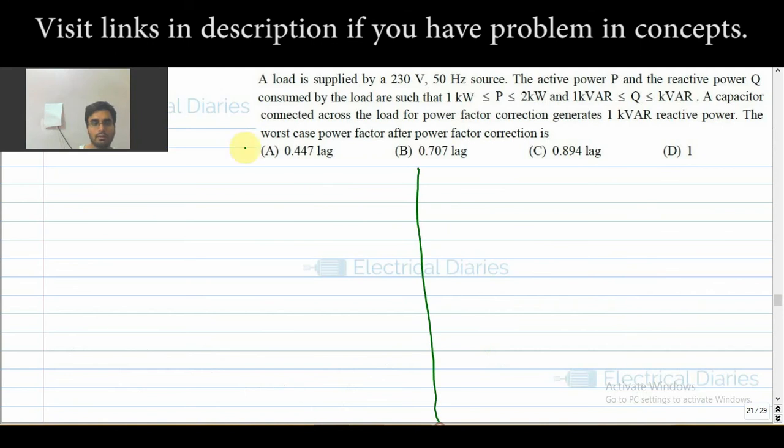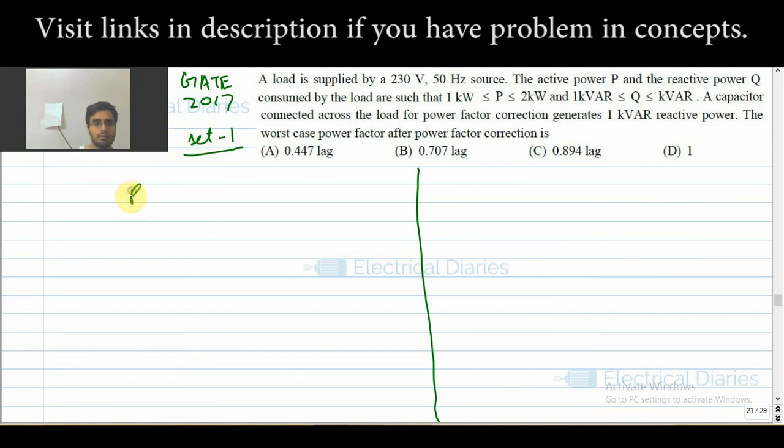Now let us see this question, GATE 2017 set 1. In this question, a load is supplied by a 230 volt 50 Hz source. The active power P and reactive power Q consumed by the load is given in this range.